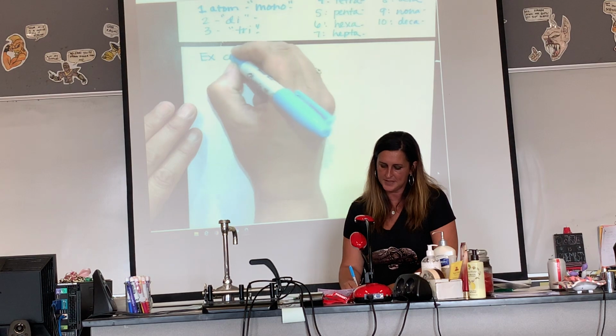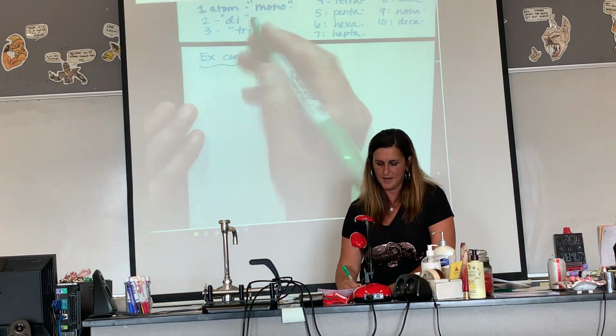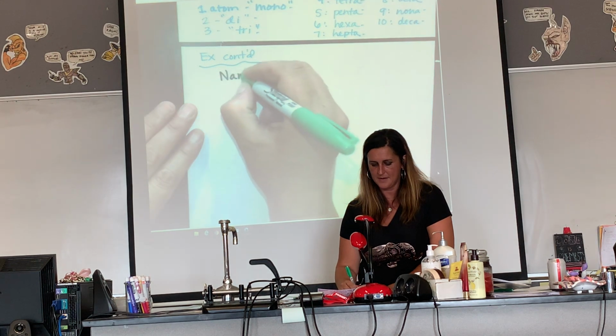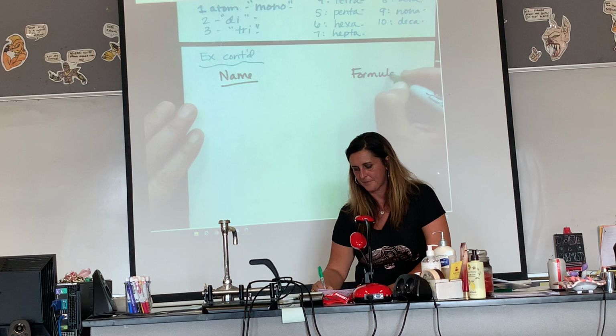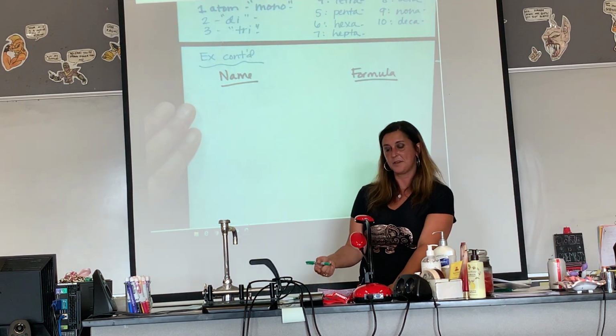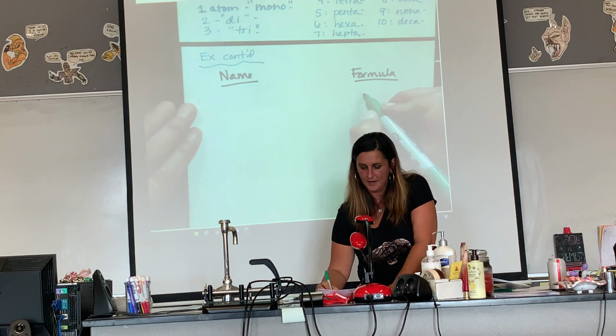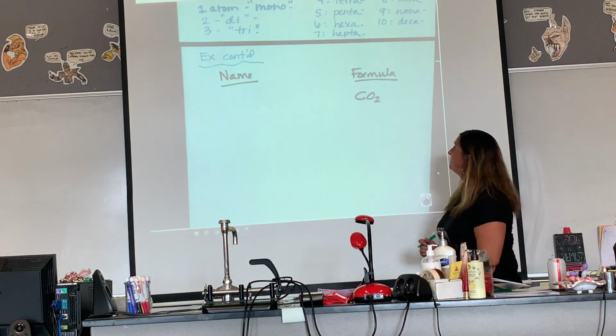Okay, so these are some more examples continued. And we'll have our name column here and our formula column here. And let's say that we're going to start with a formula this time, and we'll say that that formula is CO2.